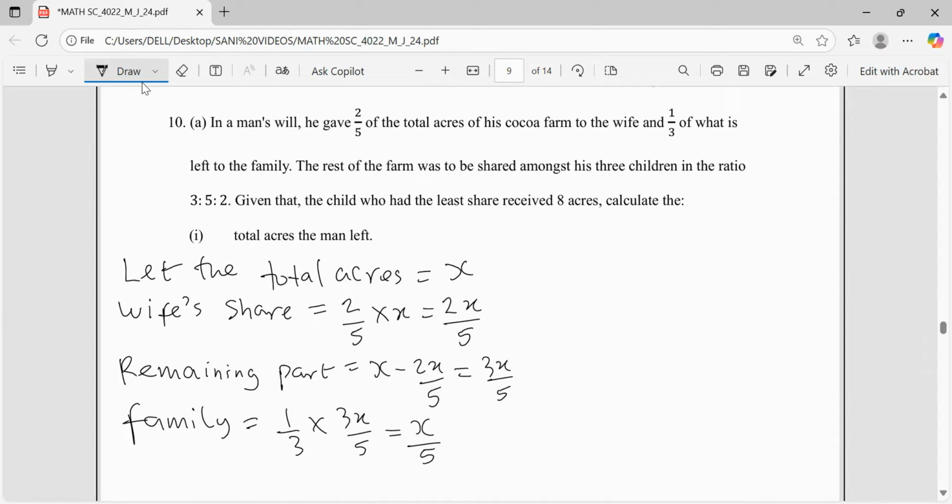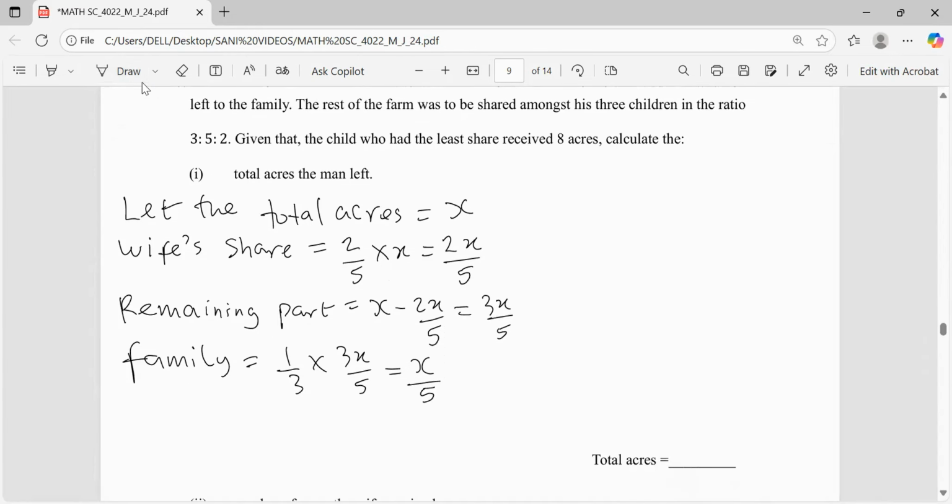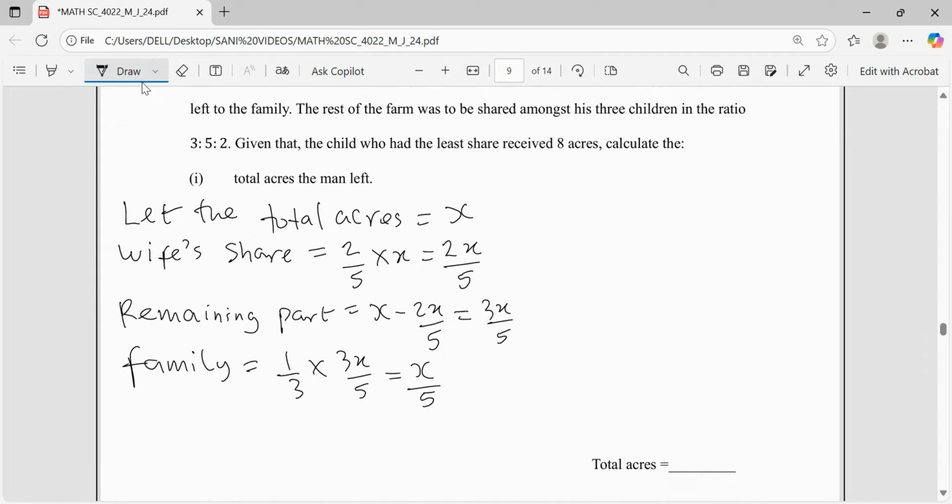Then the remaining part was shared among the children. So let's find the remaining part. The remaining part will now be 3x over 5 minus x over 5, which is 2x over 5.